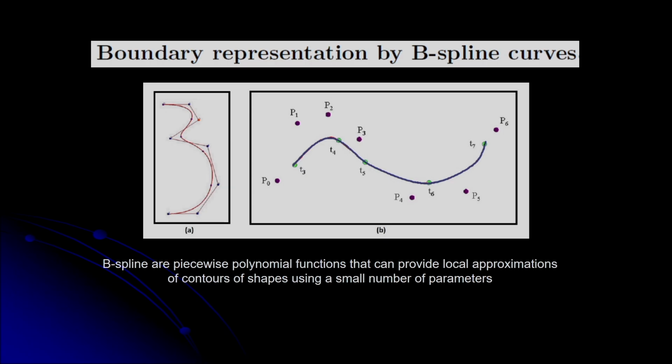In the figure, I have two figures, figure A and figure B. In figure A, you can see the B-spline curve of degree 3, and in this case I am considering 8 control points. The boundary is represented by the B-spline curve.